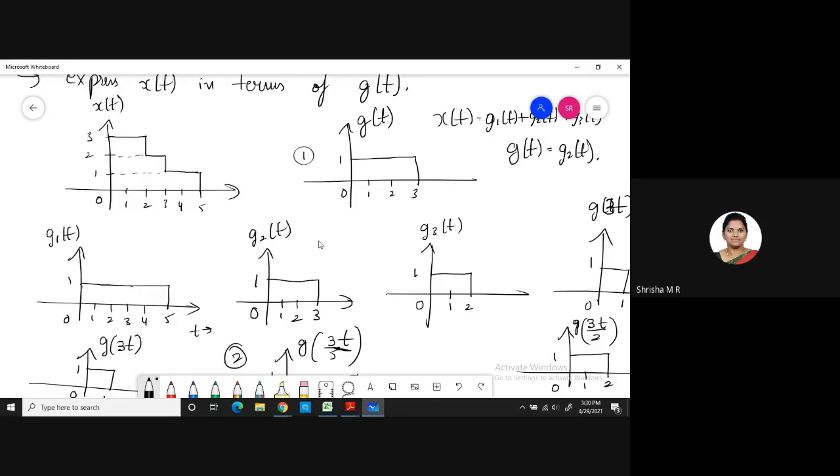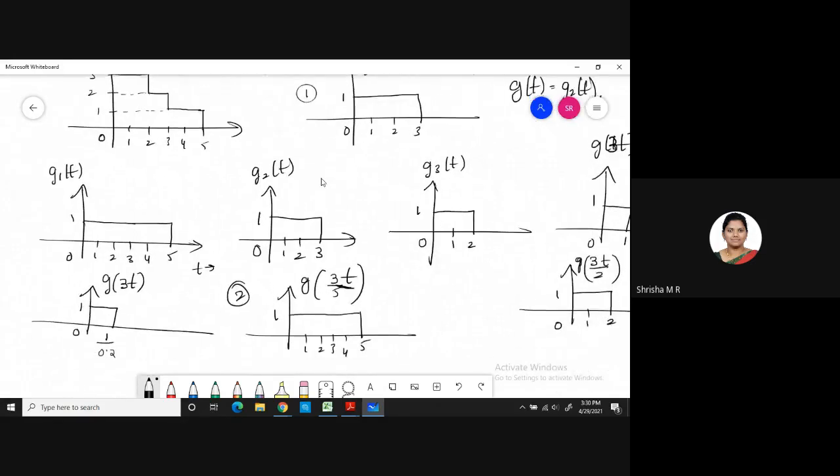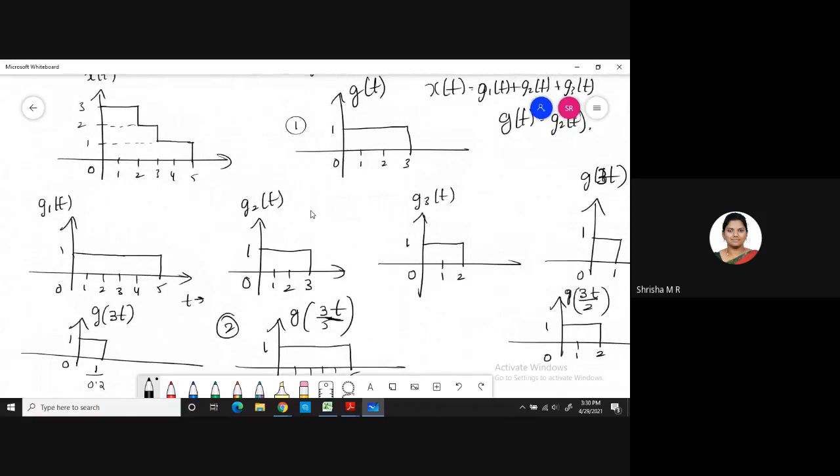Okay. Next, we have to express g1 of t in terms of g of t. So how do we do that? g of t is a signal from 0 to 3. g1 of t is a signal from 0 to 5. We have till 3, but we want a signal till 5.